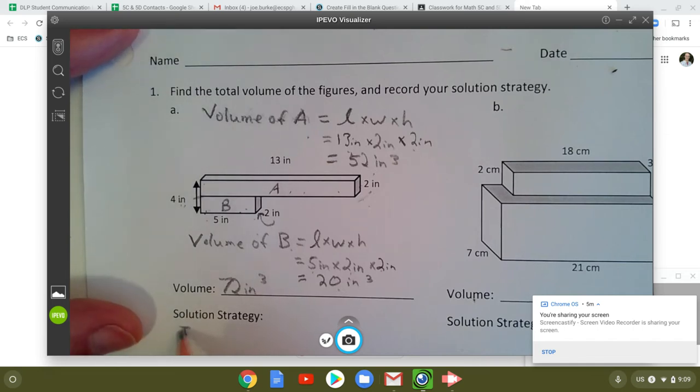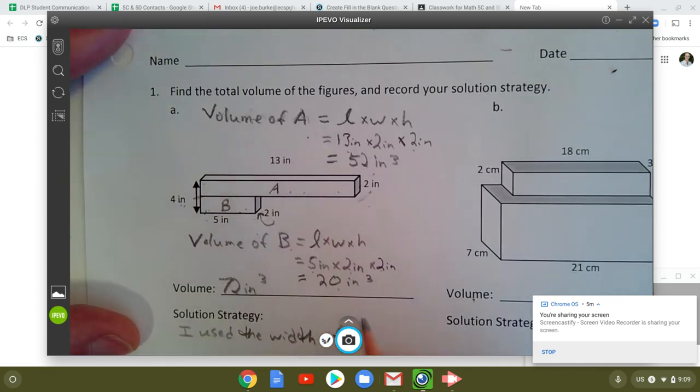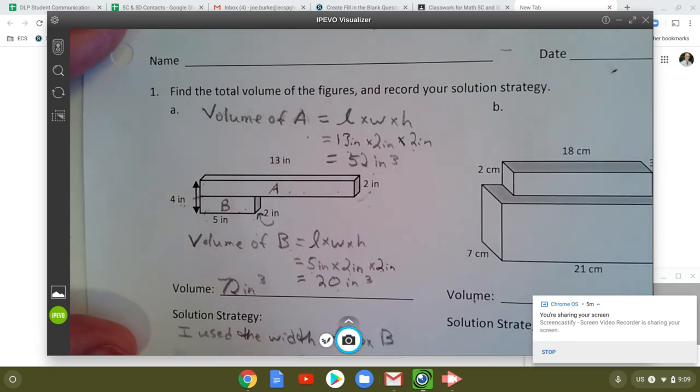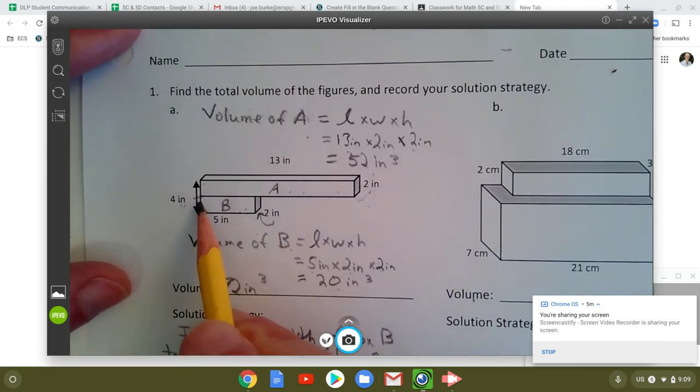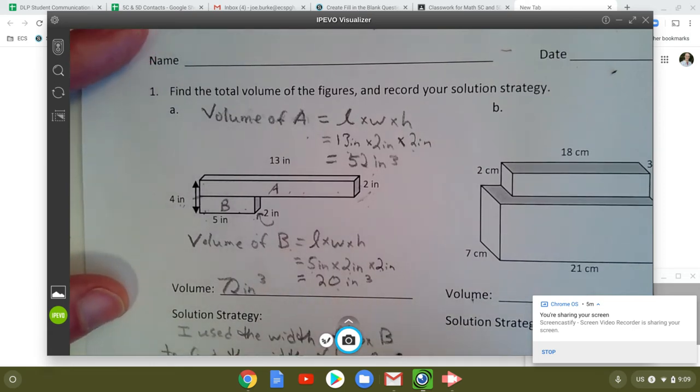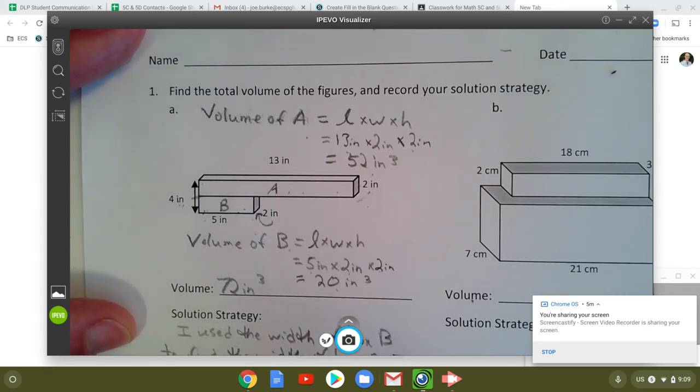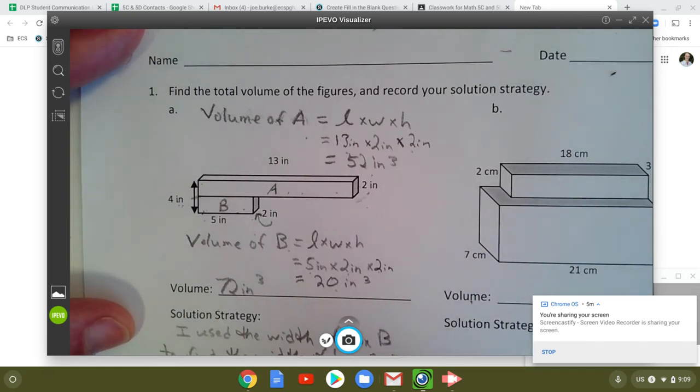So I used the width of box B to find the width of box A. And then the other tricky part was the height of box B. I found the height of box B by subtracting 4 minus 2 equals 2 inches.